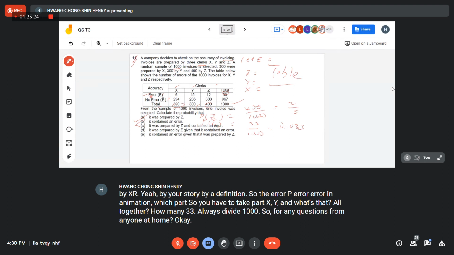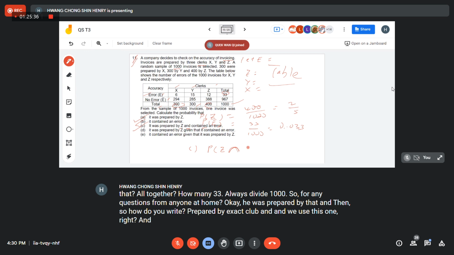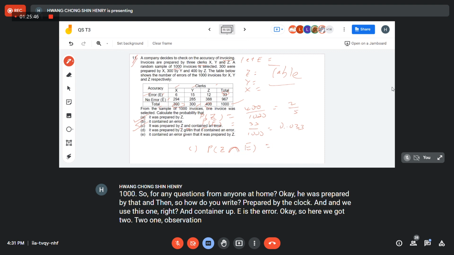It was prepared by Z and contains an error. So how do you write? Prepared by clerk Z, N we use this one, right? And contain error. E is the error. Here we have two observations, we call it joint.